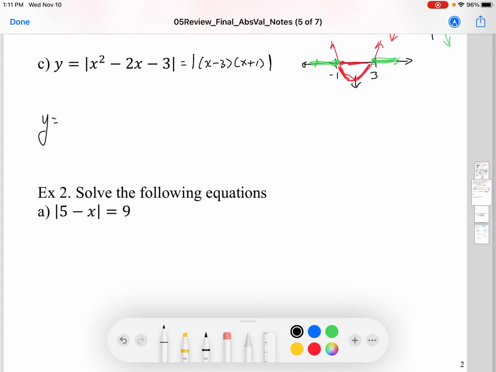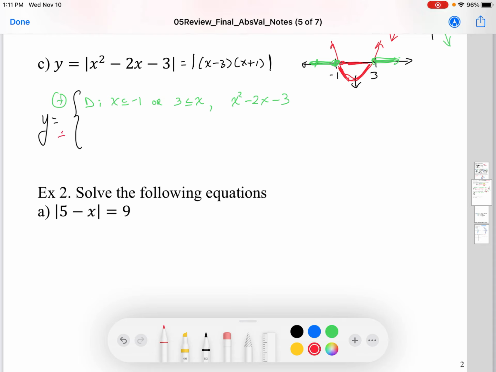So writing this as a piecewise function, again, I have my positive domain. The positive domain is going to be expressed for x less than or equal to negative 1, or x greater than or equal to positive 3. When that is the case, I'm just going to have the equation x squared minus 2x minus 3.